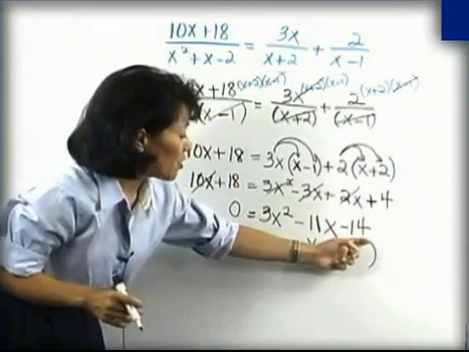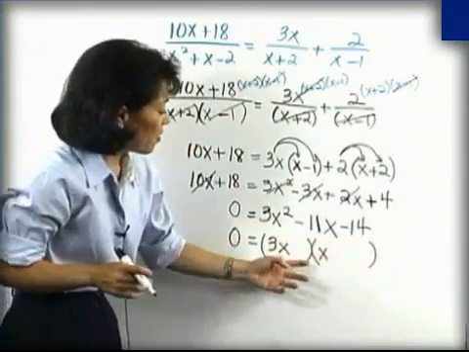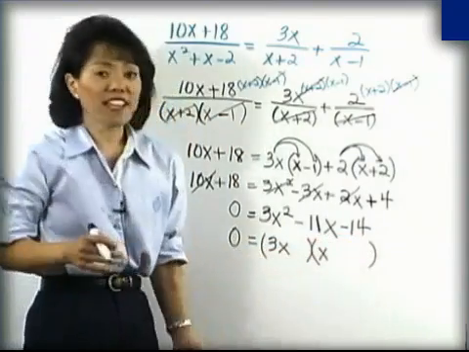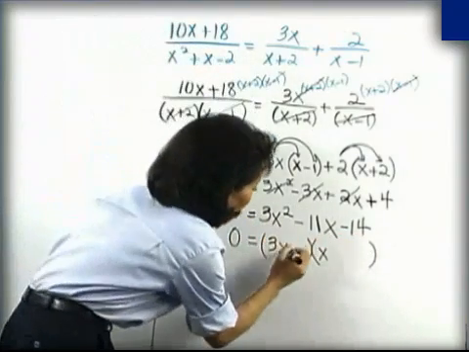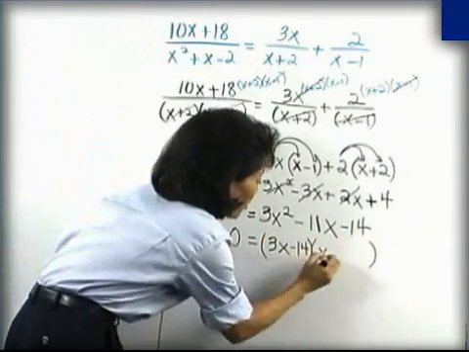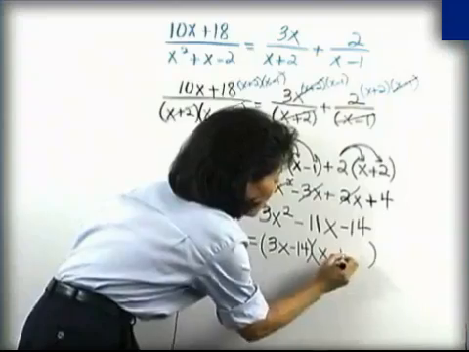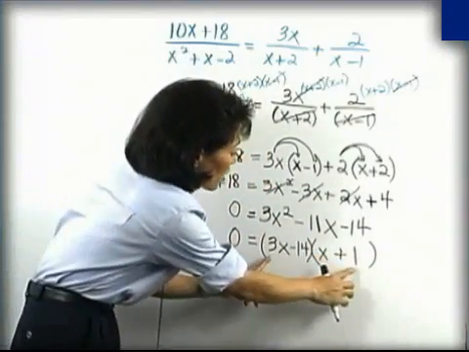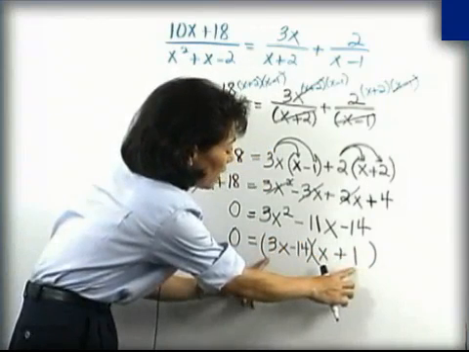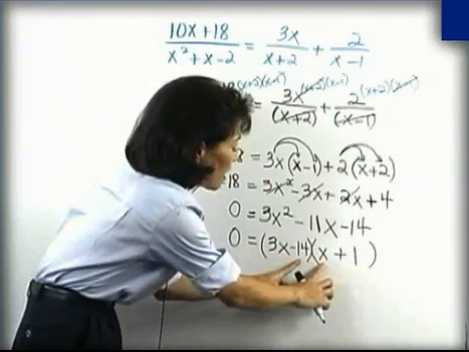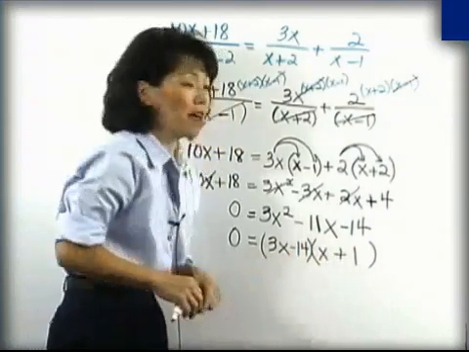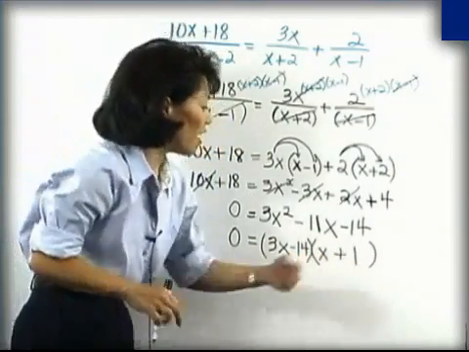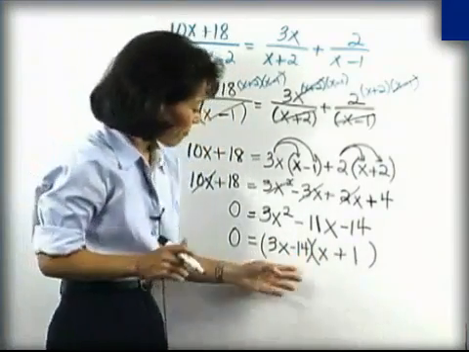Now I need factors of negative 14 to be placed in these positions so that their sum is negative 11. Well, I'm going to do it this way, negative 14 and then positive 1, and then I'm going to make a little check here. Outside, I get positive 3x. Inside, I get negative 14x. That gives me my negative 11, and sure enough, I have my negative 14.